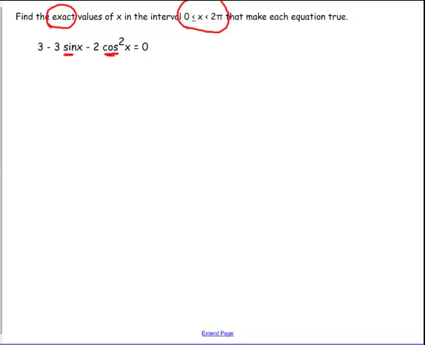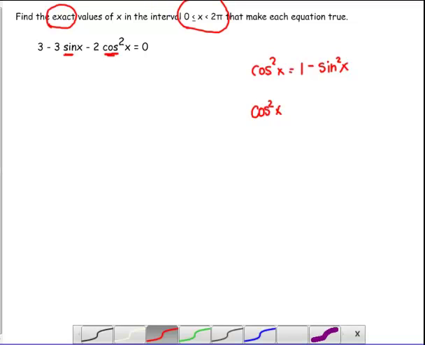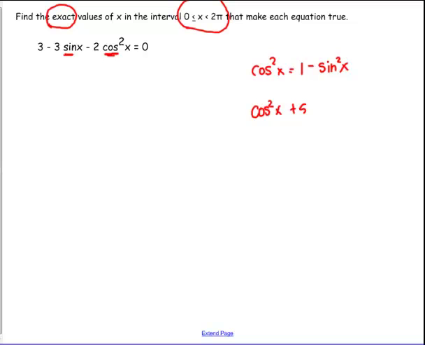That's not good. It either has to be all cosine or all sine. So once again, I look on my trig identity sheet, and I realize that I do have a substitution. I can know that cosine squared x is 1 minus sine squared x. And we get that from the manipulation of the identity cosine squared x plus sine squared x equals 1.